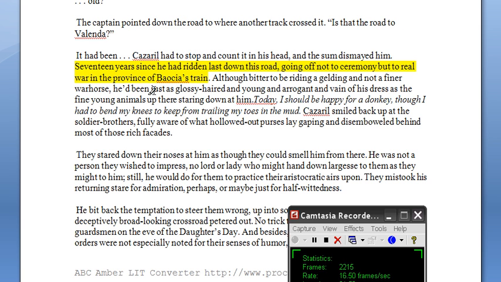Okay, so you want to get used to writing sentences like this. "17 years since he had ridden last down this road, going off, not to ceremony, but to real war in the province of Boeotia's train." The part that you want to get used to doing is the not and but. Going off, not to ceremony, but to real war.